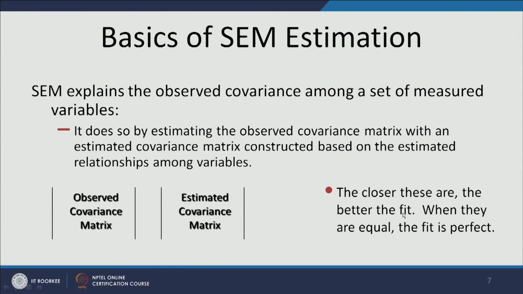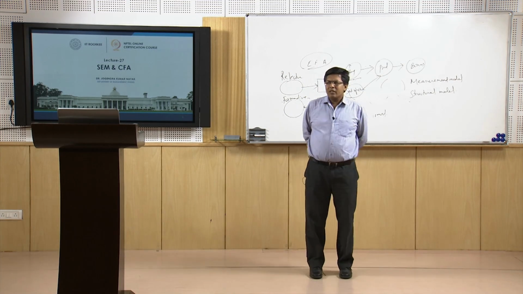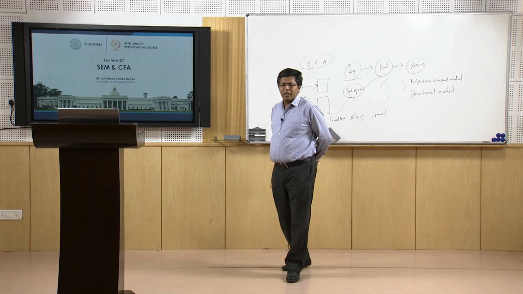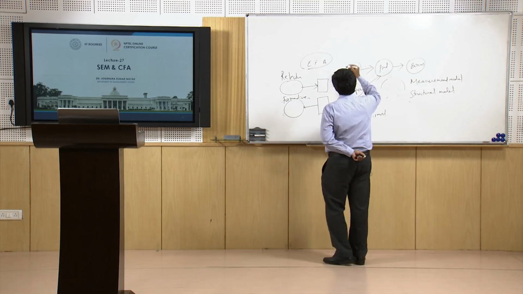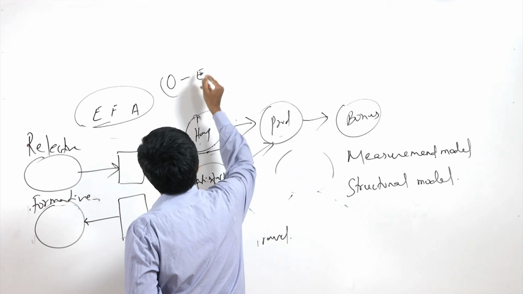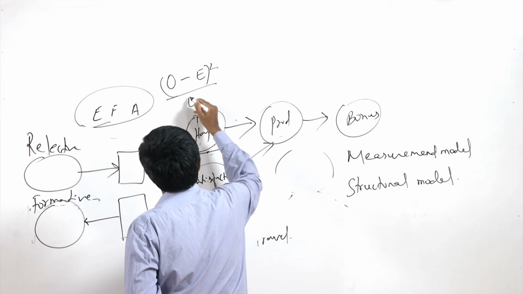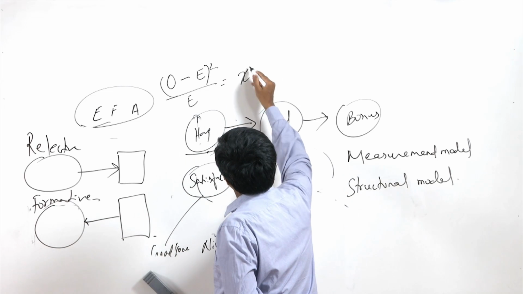I am sure when I say the words observed and expected, something else must be coming to your mind. If you remember, we had earlier discussed observed minus expected, squared, divided by expected. This was nothing but the chi-square.